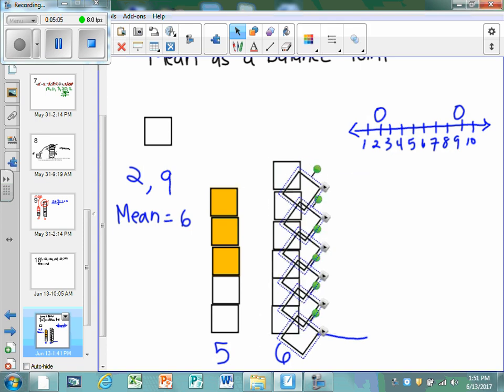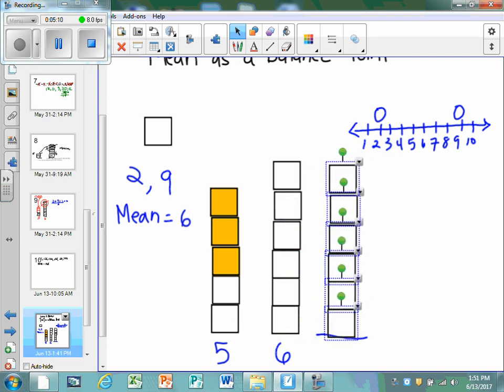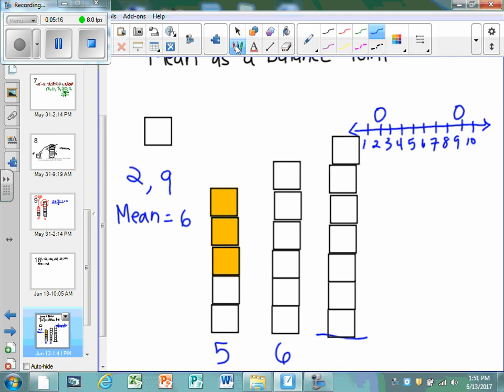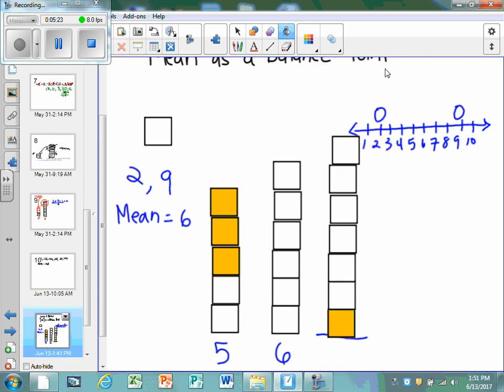Let's clone this and move this over here. But we also have to add another one because that one is going to get filled in. I'll choose this one down here because it was covering it.